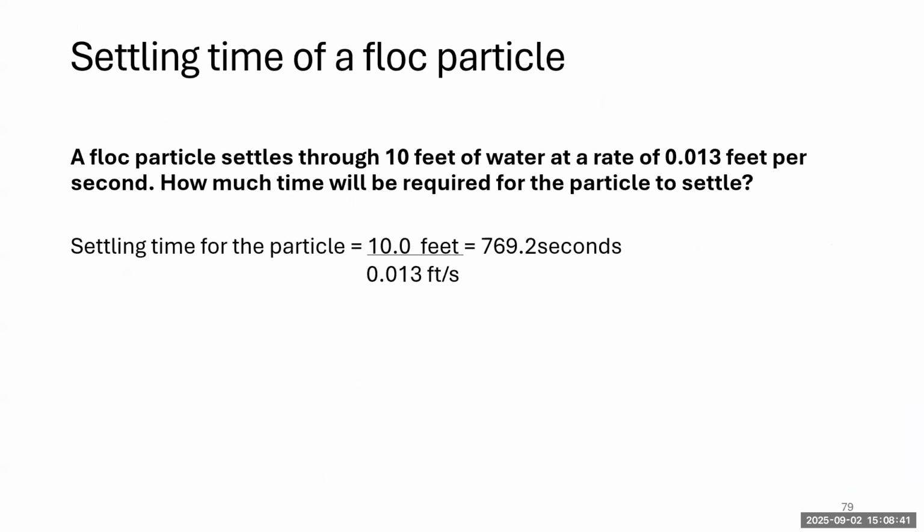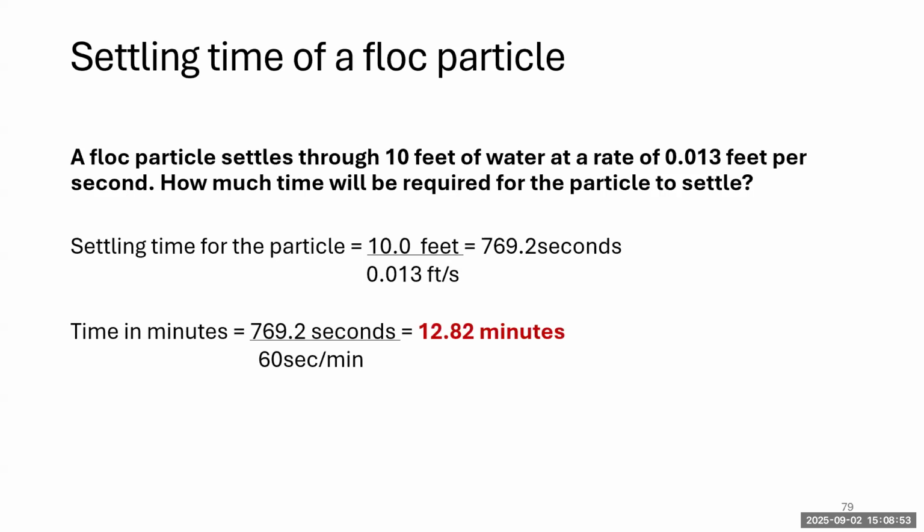We can take our 10 feet divided by 0.013 feet per second, and it would take that particle 769.2 seconds to settle. We can convert it to minutes by dividing by 60 seconds a minute. So it would take a full 12.82 minutes to settle. And a lot of our basins allow much longer than that to settle.